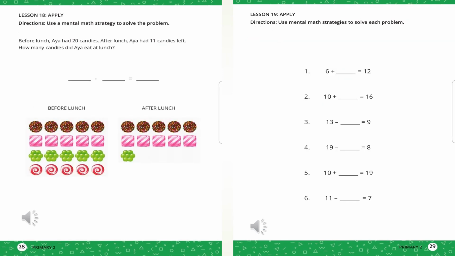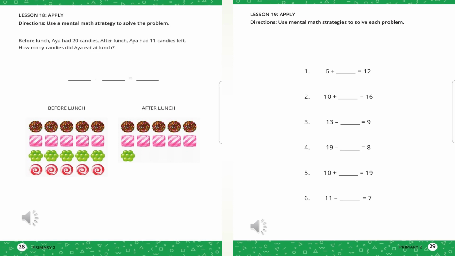Now, let's move to lesson 18. Before lunch, Aya had 20 candies. After lunch, Aya had 11 candies left. It means she ate some candies at lunch. How many candies did Aya eat at lunch?